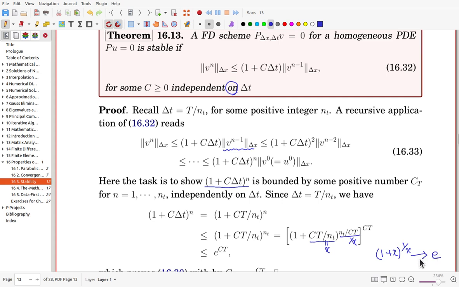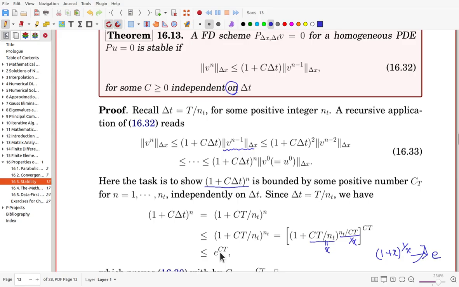And in fact, this convergence is increasing convergence. So as n becomes n_t, larger and larger, it converges to e, so that now this quantity is bounded by e to the ct.